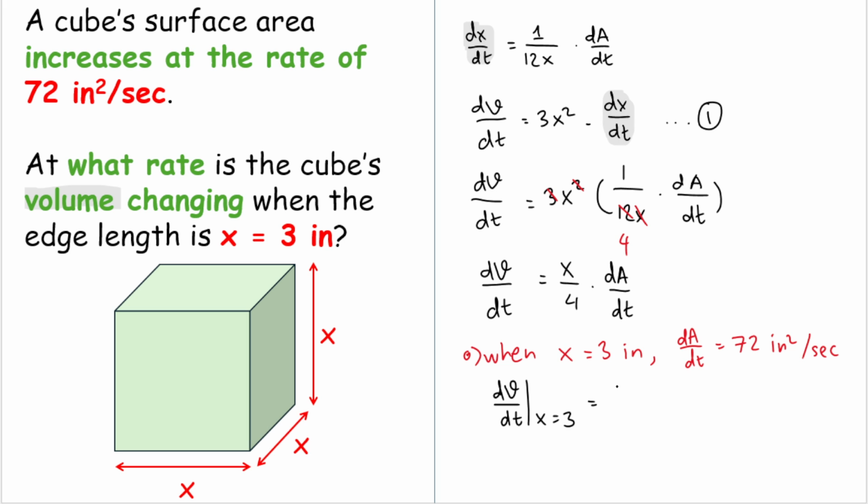That will equal 3 over 4 multiplied by 72. This will cancel into 18 and I will have 54. What is the unit? Inch cubed per second. And that is the final answer for this question. At what rate is the volume changing? We have 54 inch cubed per second.